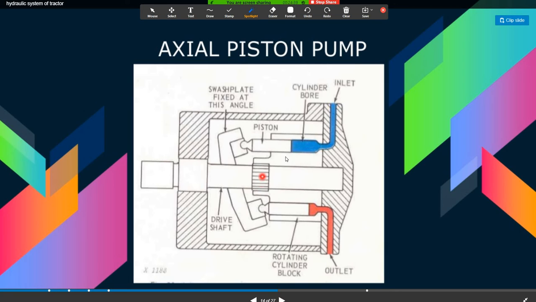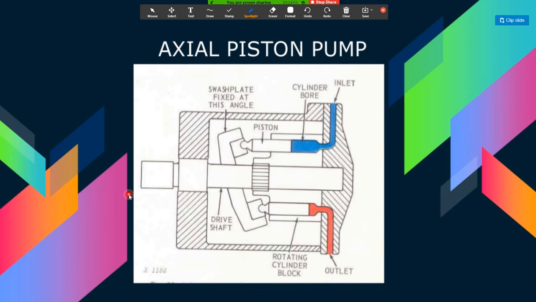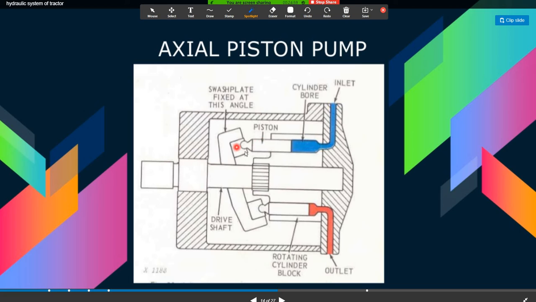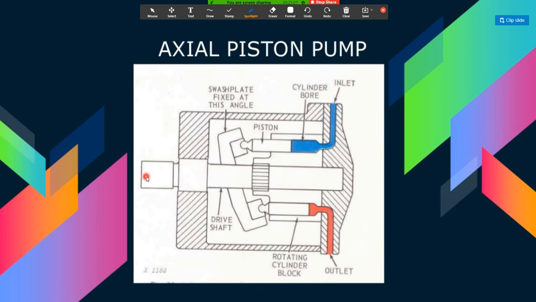Okay, you can see here this is the fixed angle, this is the shaft, and you can see the cylinder bore. Okay, this is the axial piston pump. That means you can see in the figure the pump in which the pistons travel parallel to the axis of rotation is called the axial piston pump.